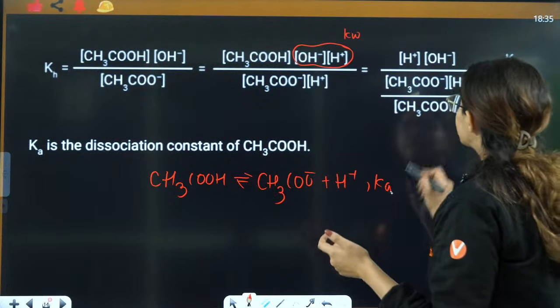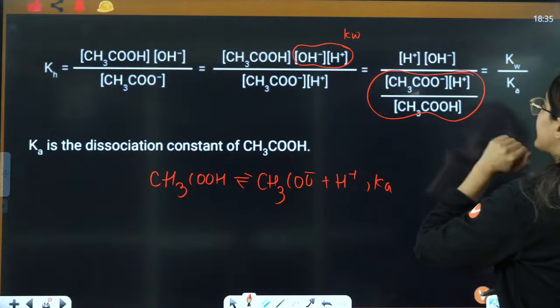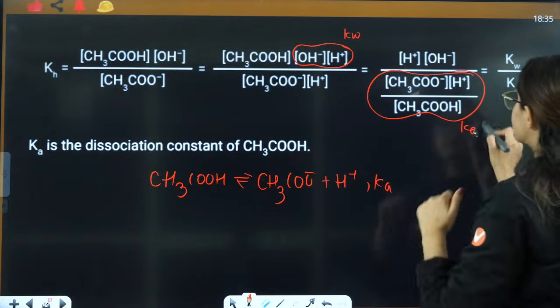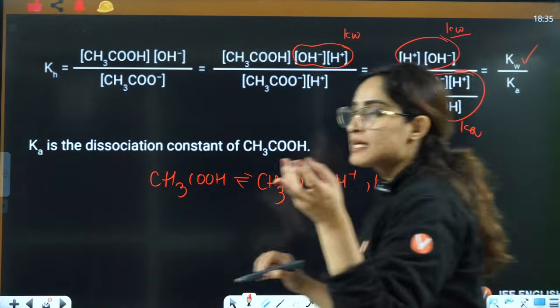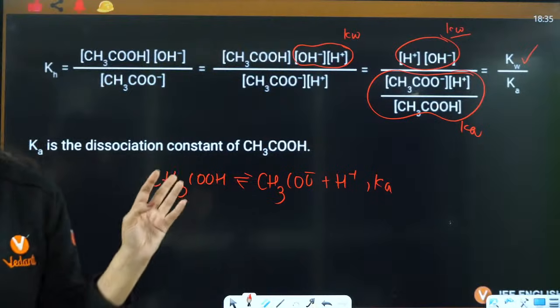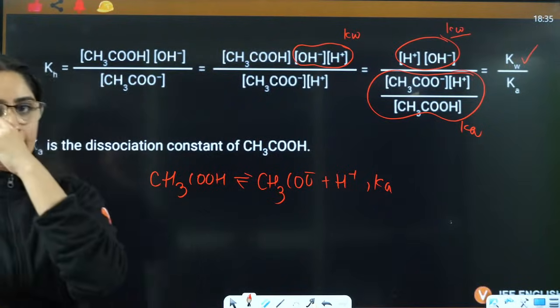So that's how we have written this as Ka, product by reactants. This is the value of Ka, this is the value of Kw, and that's how you have H of a weak acid is equal to Kw by Ka.